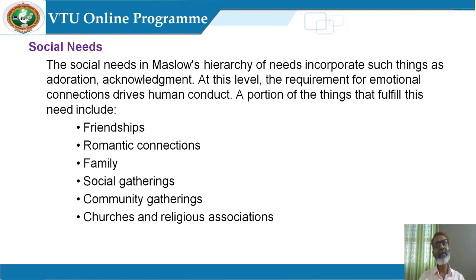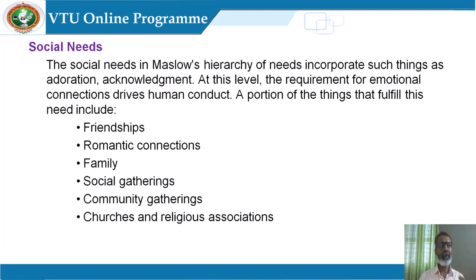Then you start attending more social gatherings once you are secure, then community gatherings, then churches or religious associations. Depending upon, maybe as a Hindu you may associate with the temples, or as a Christian you may associate with the churches. As a Muslim you may start going to and associating with the mosques.